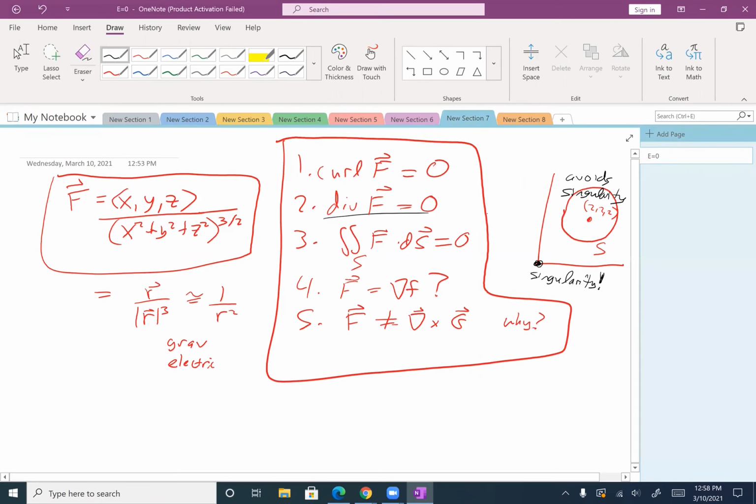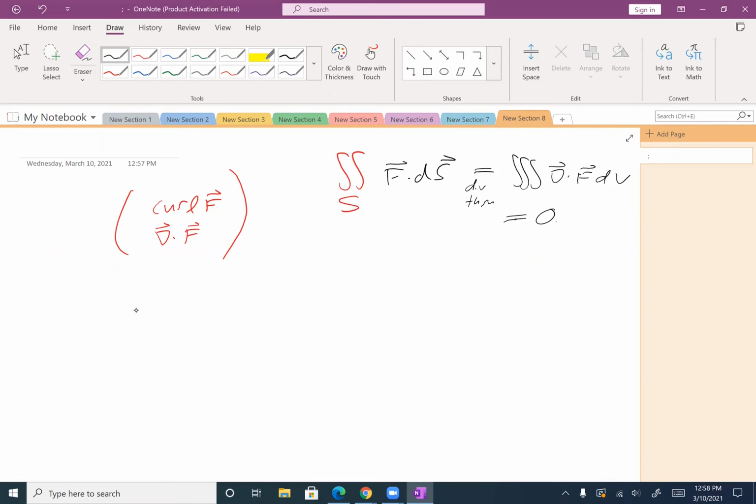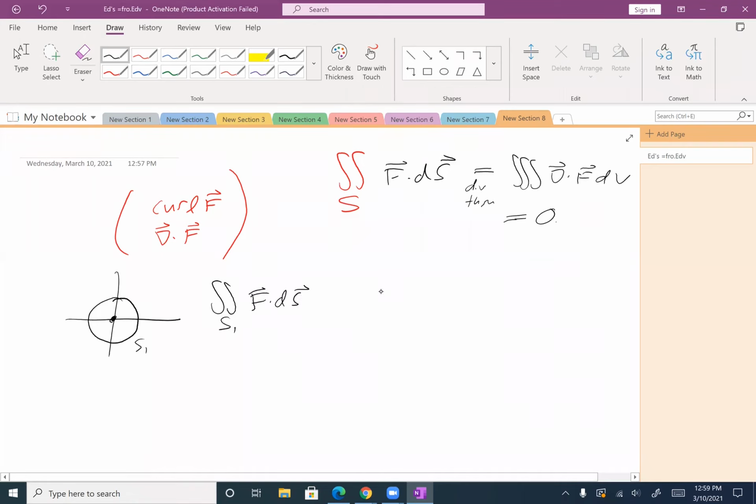Well, the funny thing is that if you look at this sphere and you take that integral, it's different, because the singularity is inside the sphere.